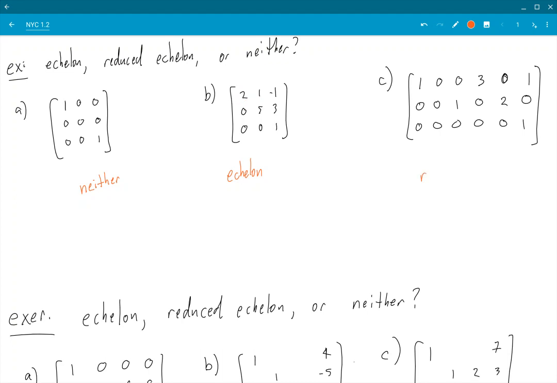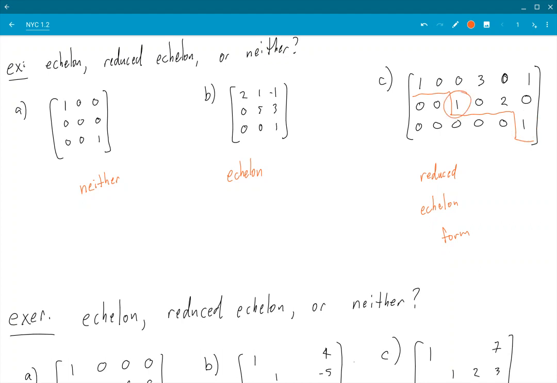Okay, C is reduced echelon form. Okay, there are no 0 rows. I got my staircase thing happening. Okay, this leading entry is to the right of this one.